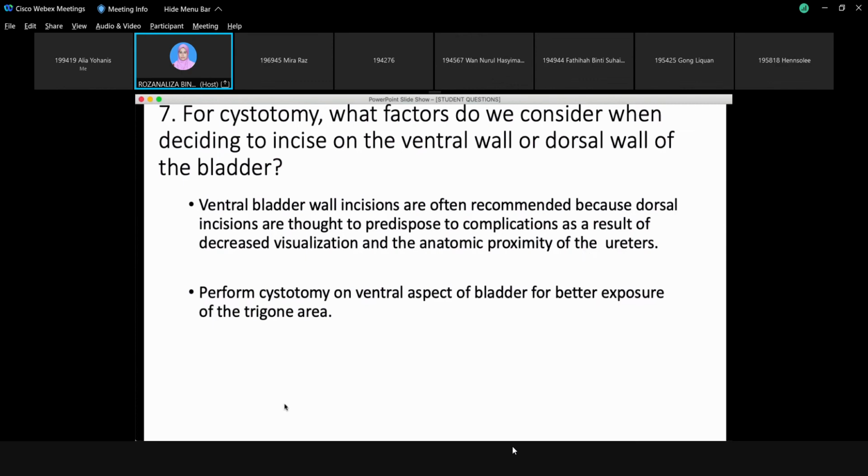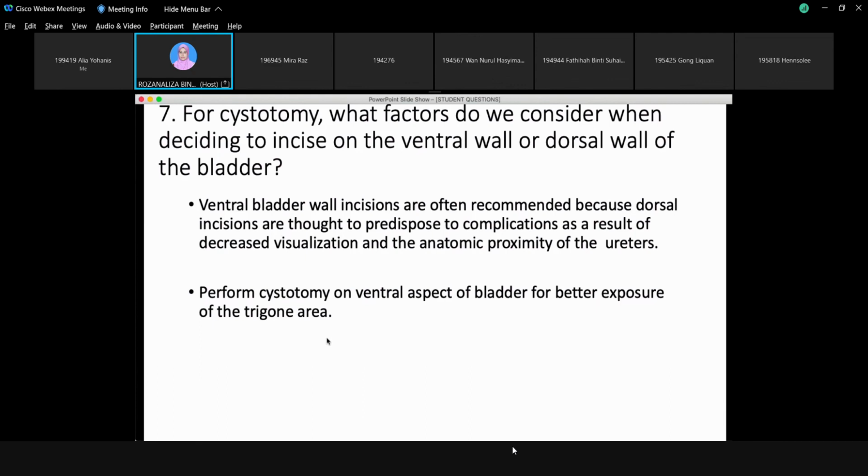Okay, cystotomy on the ventral aspect gives you a better exposure at the trigone area, which is very true. So if I have a stone or cystolith patient, I will definitely choose the ventral aspect because I have a very good exposure. I can really feel the trigone area with my fingers to check for any trapped stone.